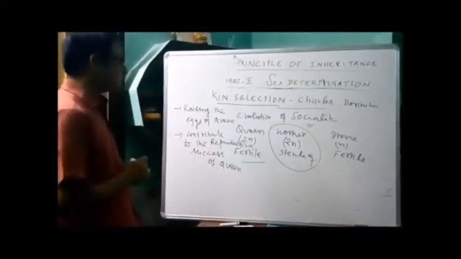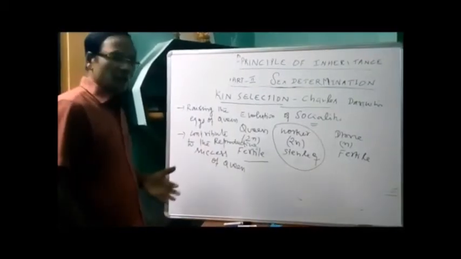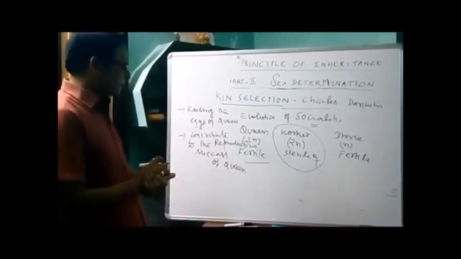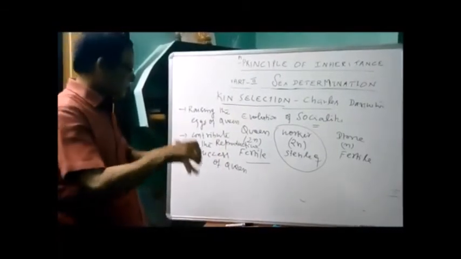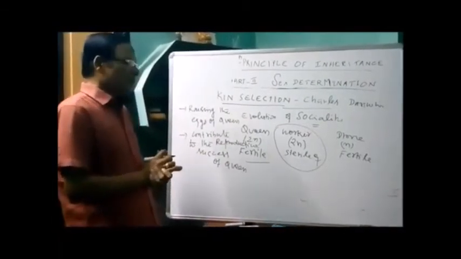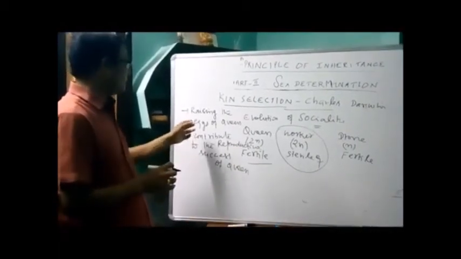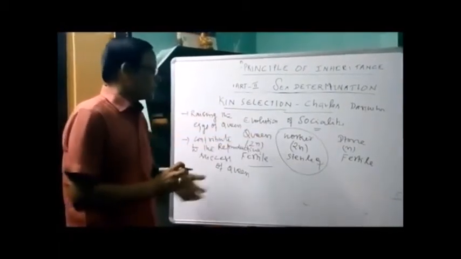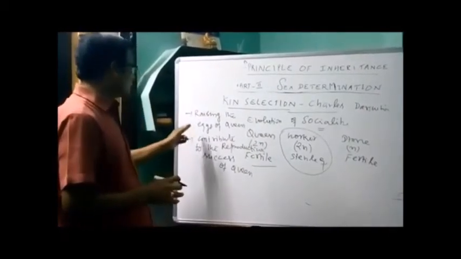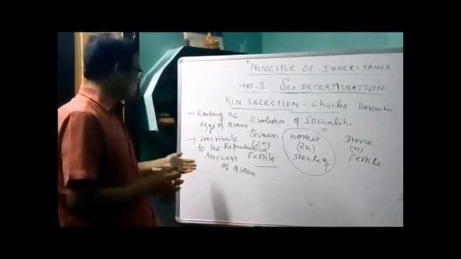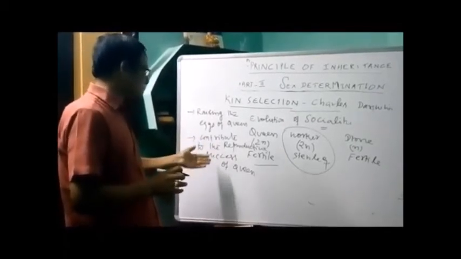I mentioned already what kin selection is. An individual favors the reproductive success of another organism, that is its own relative, even at the expense of its own survival and reproduction. Here, the worker bee is responsible for raising the eggs of the queen and so contributes to the reproductive success of the queen.